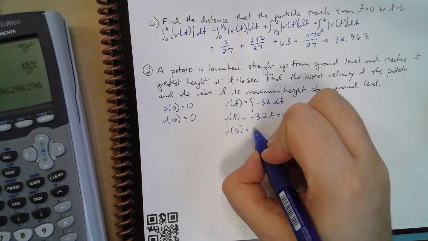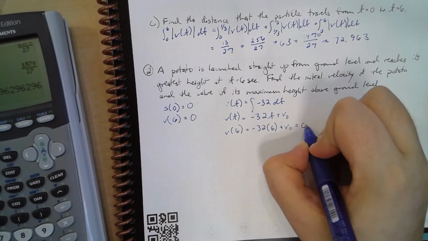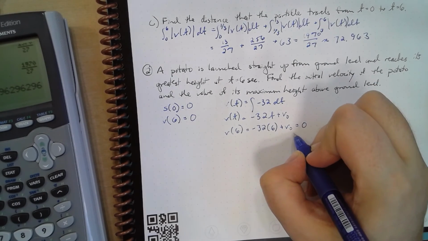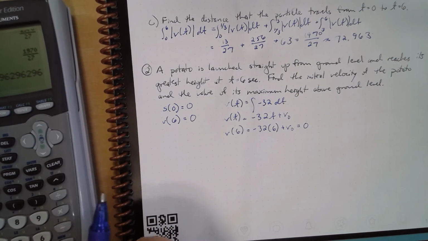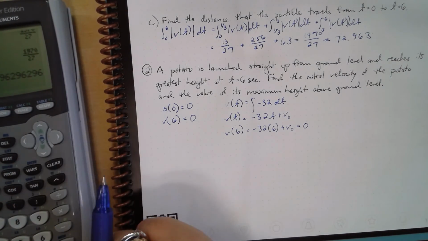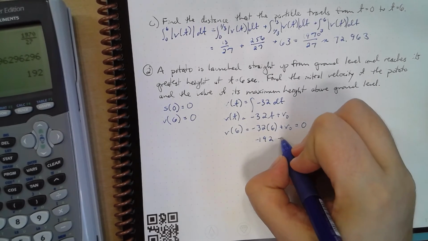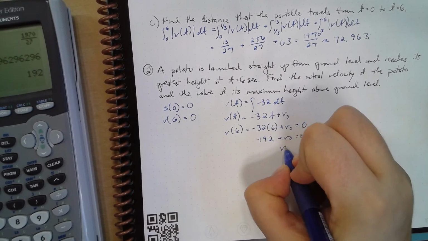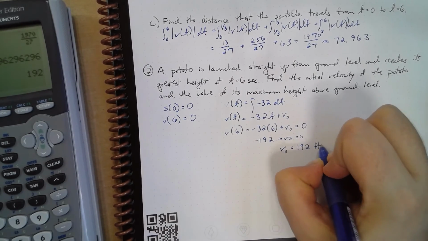So v of 6 is negative 32 times 6 plus v sub naught equals 0. So we're trying to solve for v sub naught here. Negative 32 times 6 is negative 192 plus v sub naught equals 0. So our initial velocity is 192 feet per second.